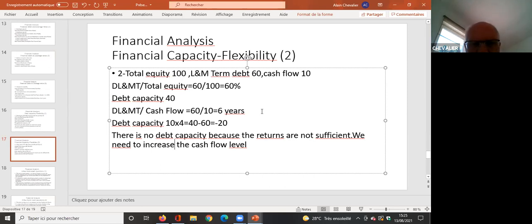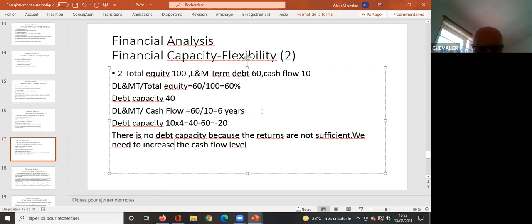Let's take the example of a firm with the same total equity, 100, long and medium term debt, 60, cash flow equal to 10. So cash flow is much lower than before. If you make the calculation, you still have for the first part the same result.